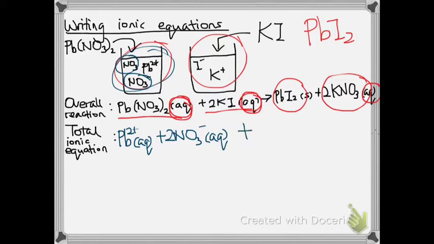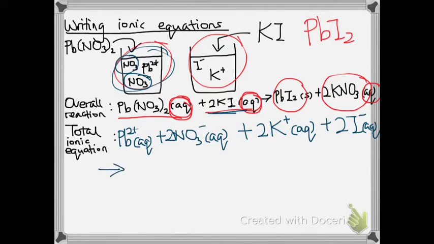Plus, what else? Here we've got potassium iodide in the aqueous state, so that will be split up as well to give you 2 potassium ions and 2 iodide ions. So that's it for the reactants.